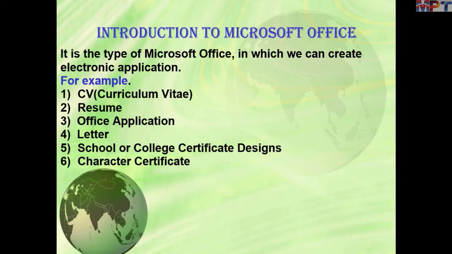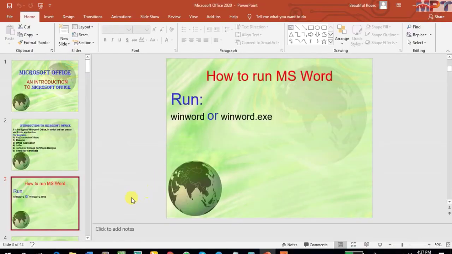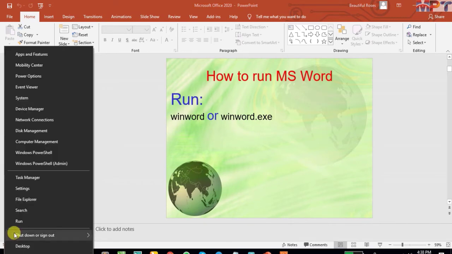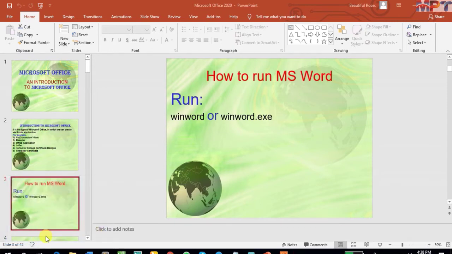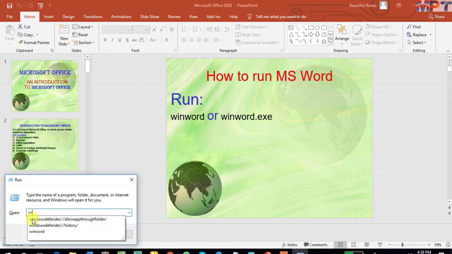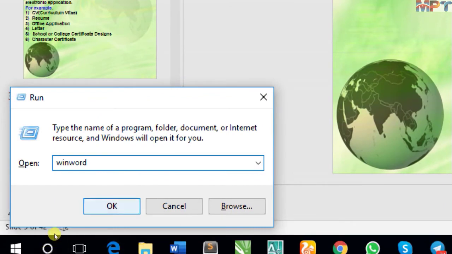What can we do in MS Word? How to open MS Word? Just type into the run command winword or winword.exe. For example, just right click here and click run, or Windows plus R and type here winword or winword.exe and click OK.